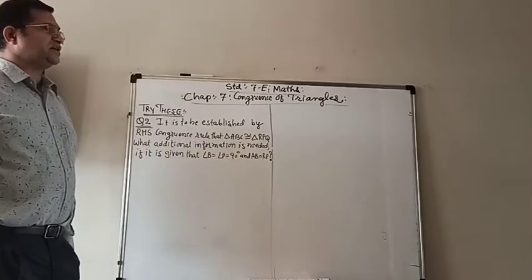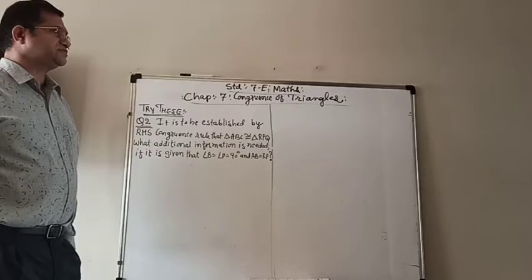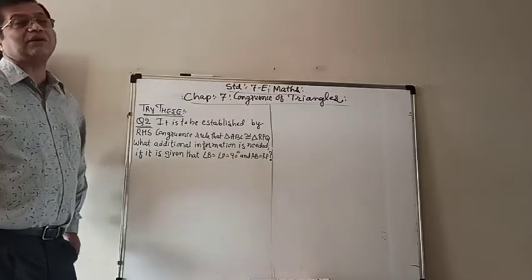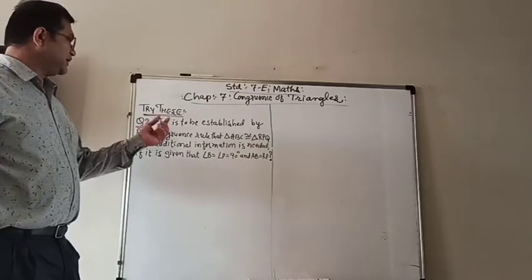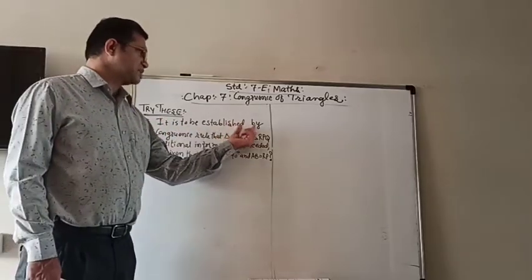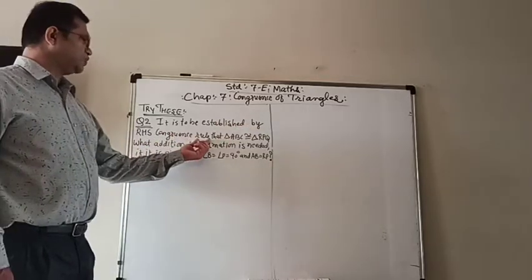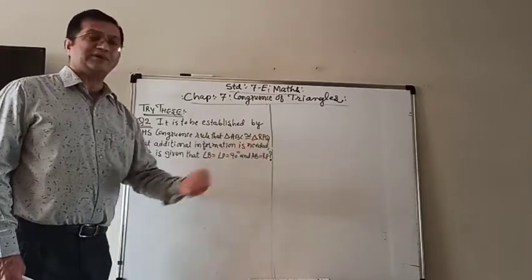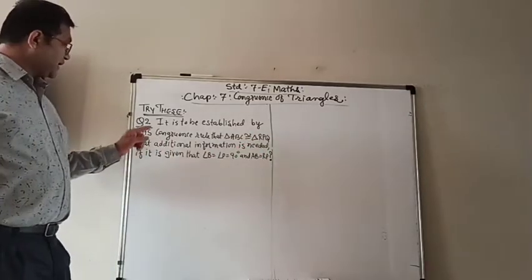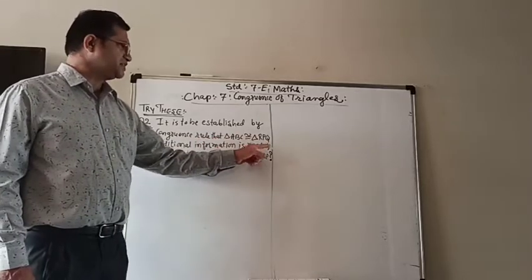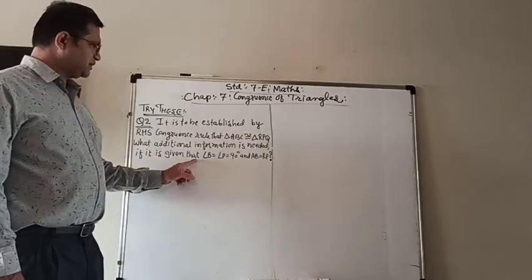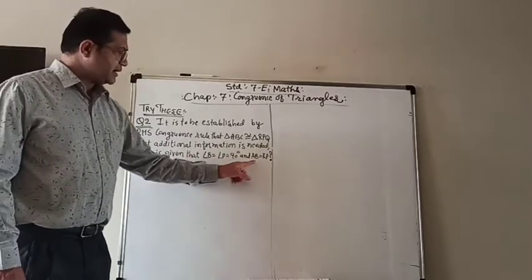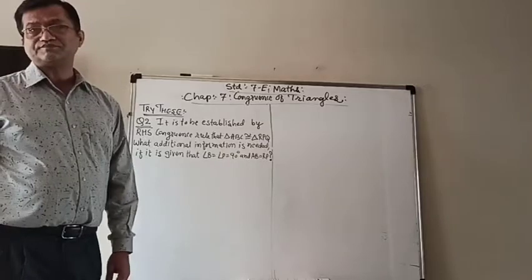Now yesterday we started the Try This. Question 1 was finished. Now starting with question number 2. Given that it is to be established by the RHS congruence rule that triangle ABC is congruent to triangle RPQ, what additional information is needed if it is given that angle B equals angle P equals 90 degrees and AB equals RP?